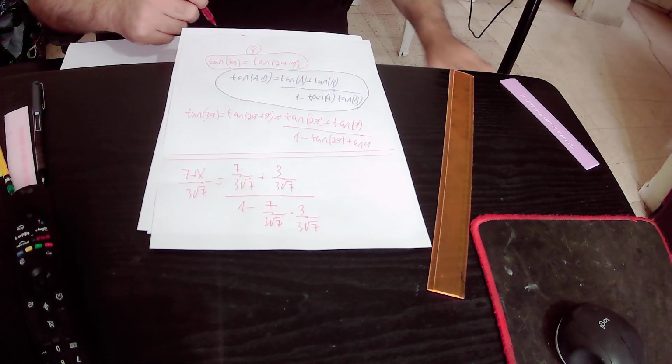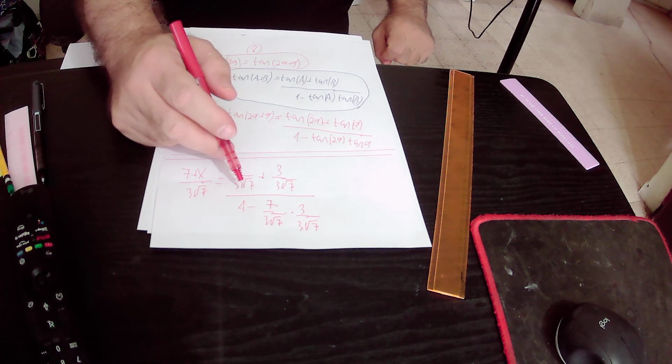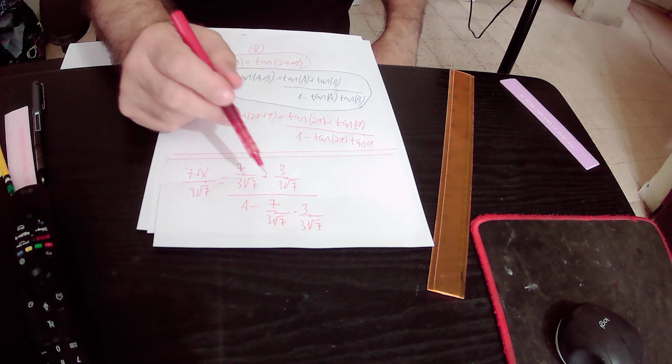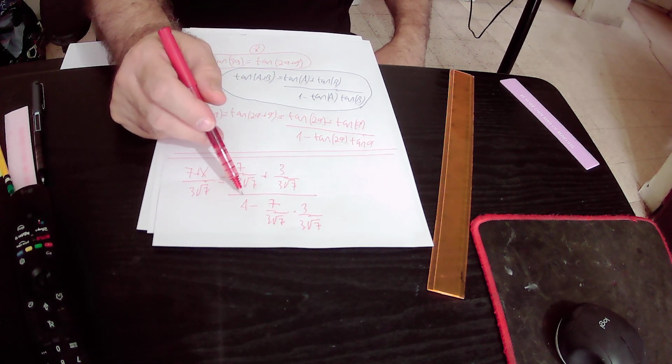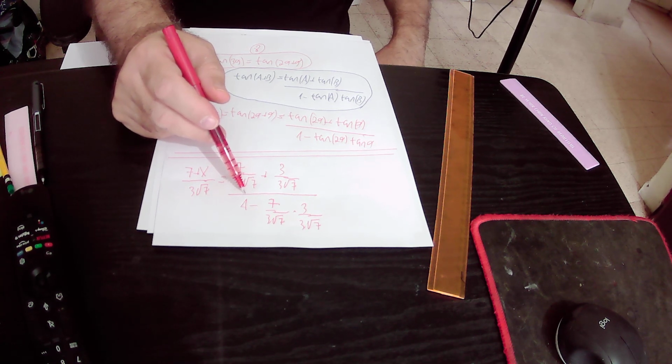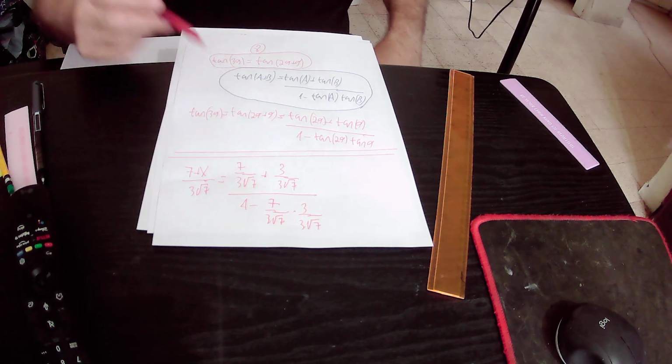So here, in order to have a common factor with this expression, we will substitute 1 by 3 times root 7 times 3 times root 7 over 3 times root 7 times 3 times root 7. Okay?